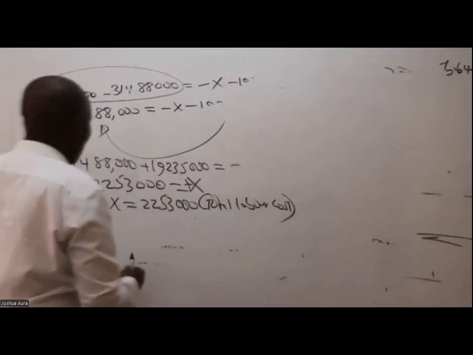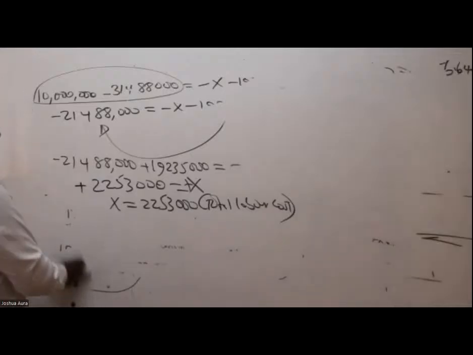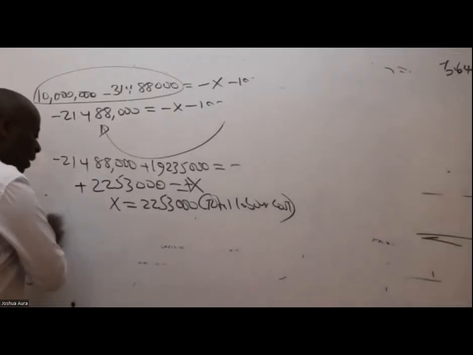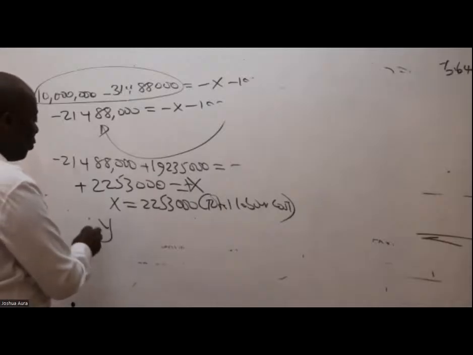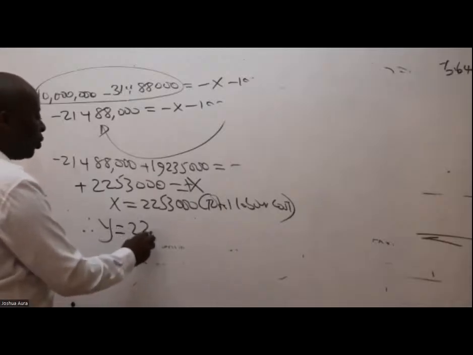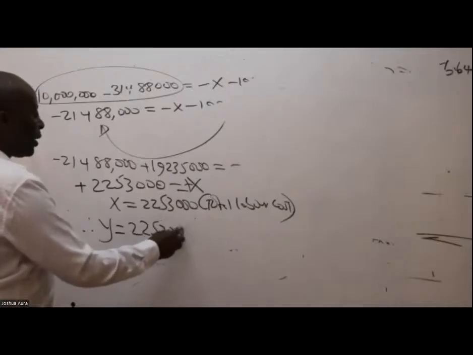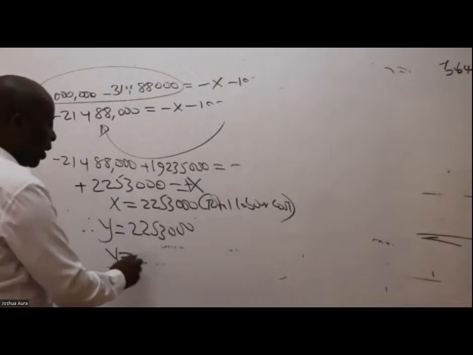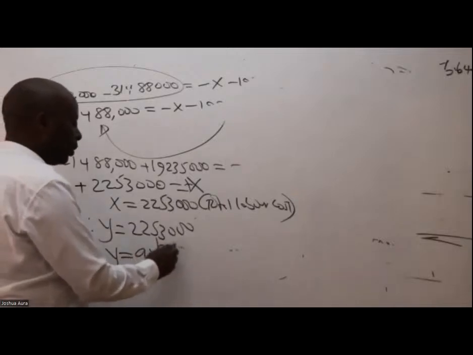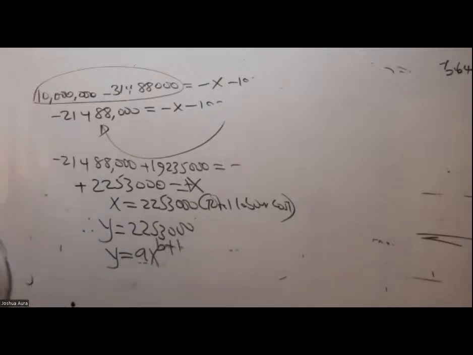Of which total labor cost in the learning curve language should be Y actually. Therefore, Y equals 22,53,000 like that. And we know that Y equals AX raised to B plus 1. All right, now I'm driving it there.